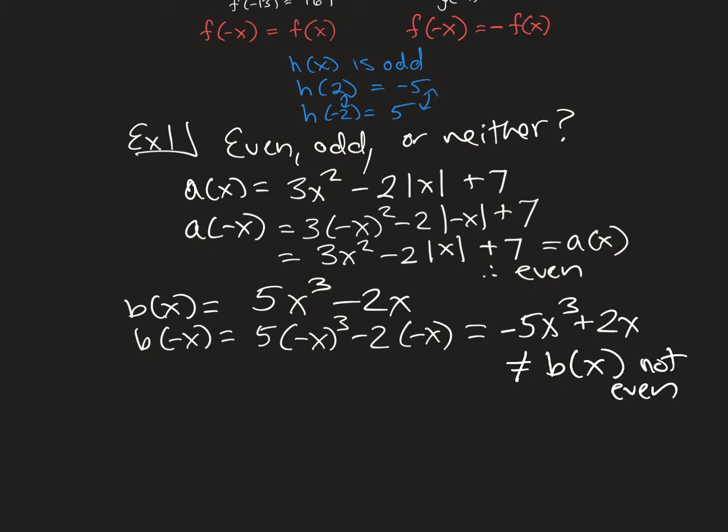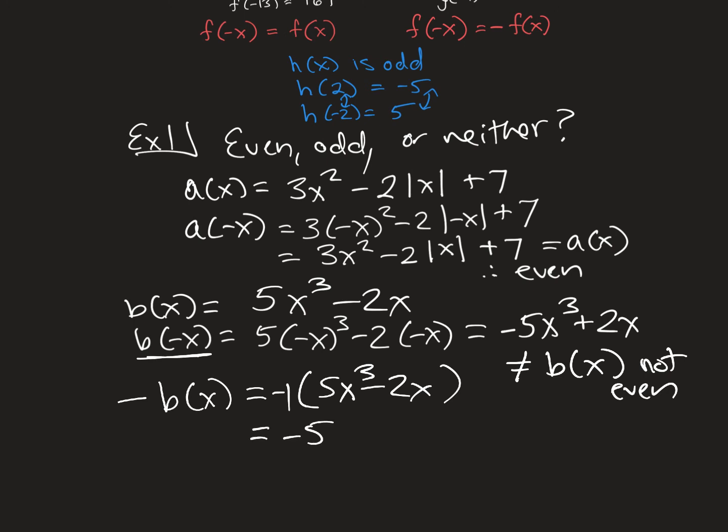To test then if it's odd, this here would be equal to negative b of x. So let's see what negative b of x is. Negative b of x means I multiply the function by negative 1, so the whole function. So if I multiply the whole function by negative 1, I get negative 5x cubed plus 2x.